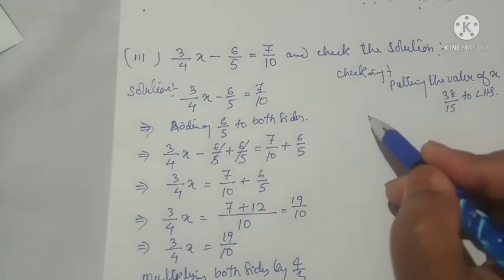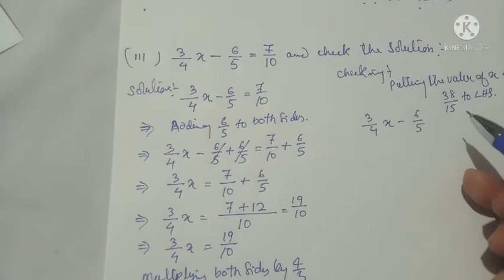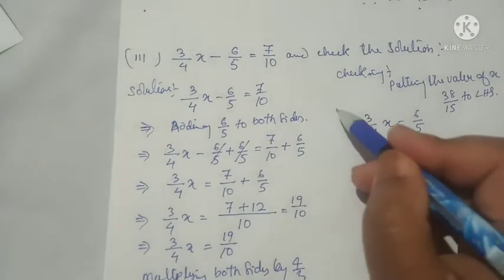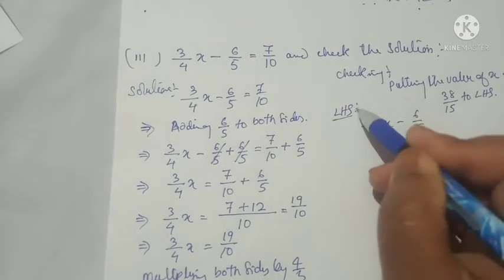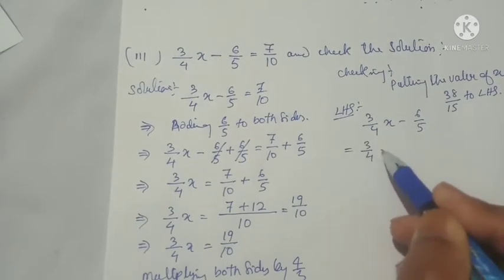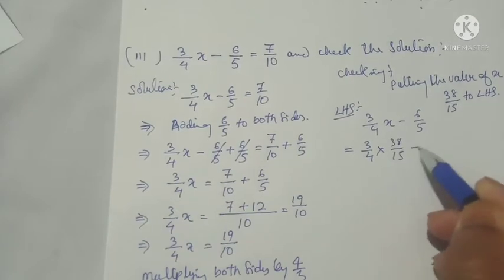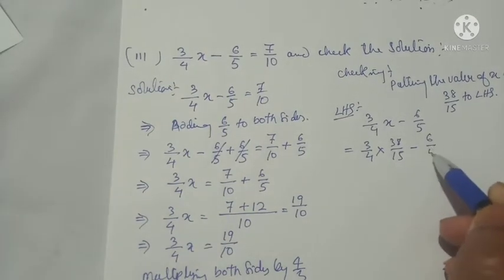Left hand side is 3 by 4 x minus 6 by 5. This is the left hand side. Now what is the value? 3 by 4 into 38 by 15 minus 6 by 5.